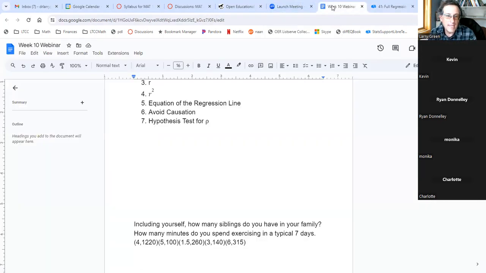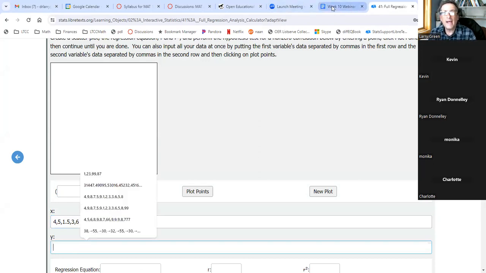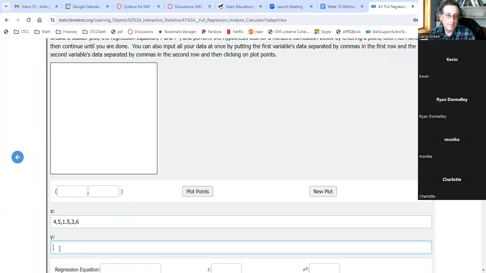And then we had 3 and 6. And the Y's, I think the easiest way, because the Y's are bigger, I'm going to copy the whole thing and just get rid of what I need to. The Y's were 1,220.